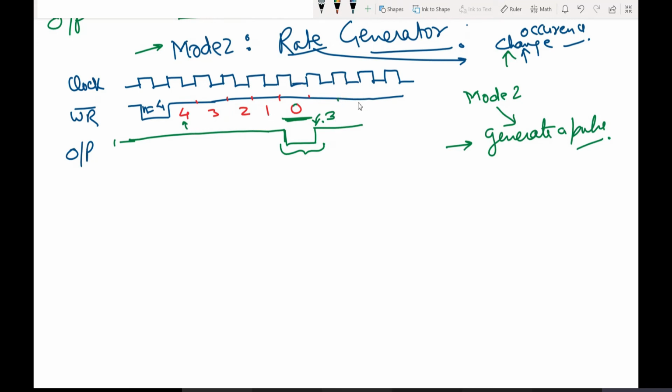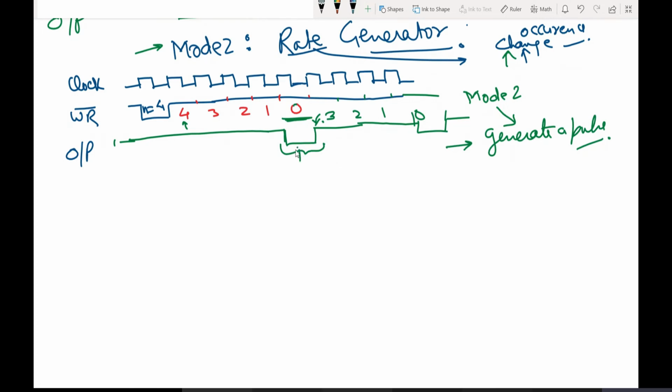So next we have 2, 1, 0. Now the output will again go low where the terminal value is. So again it will go like this: 2, 1, 0, 1, 0.